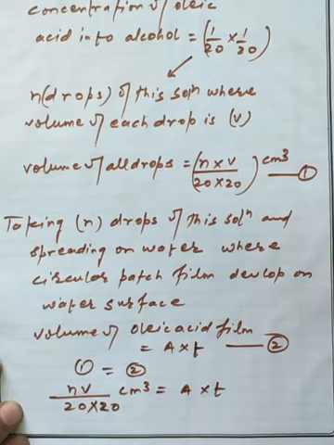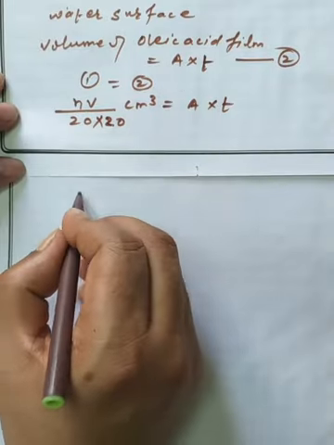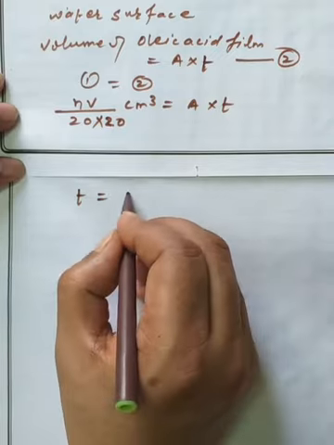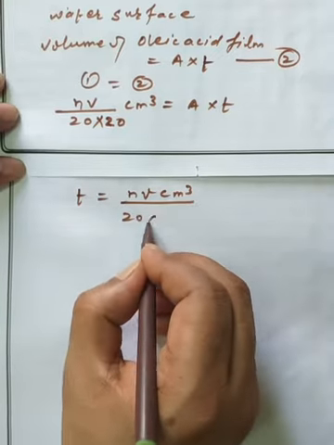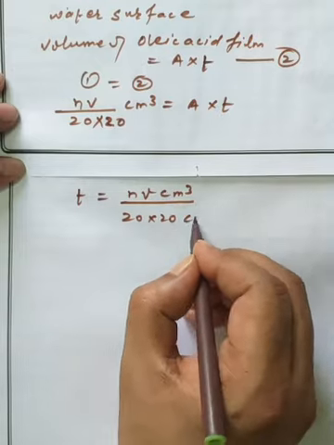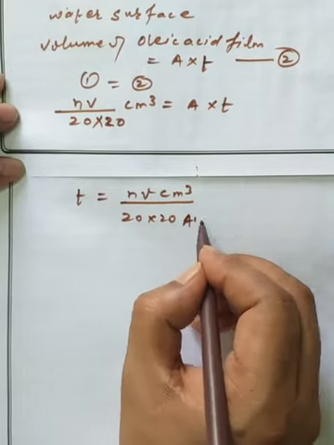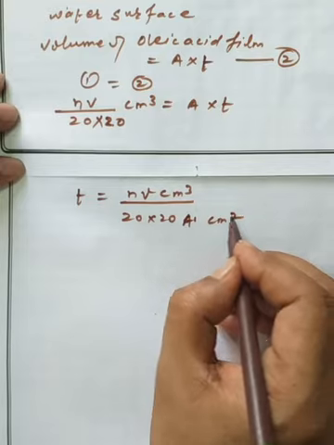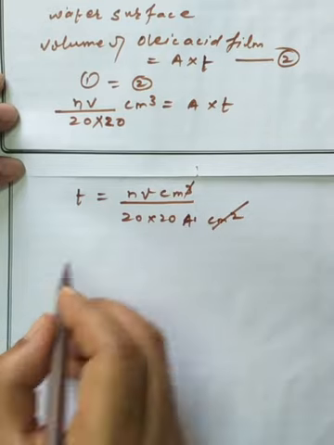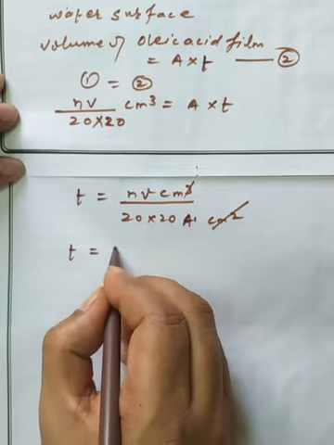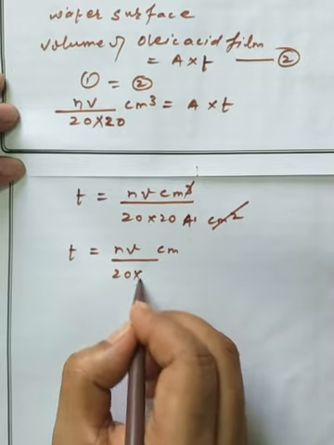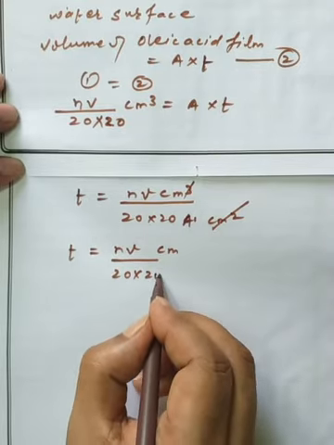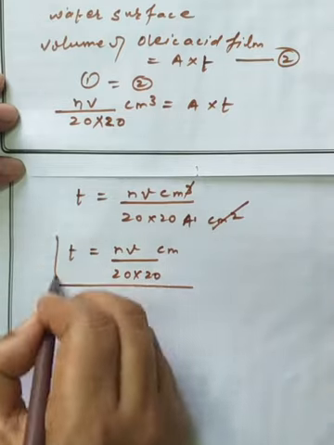We have to calculate T. Separating it, NV centimeter cube divided by 20 into 20, and the area is in centimeter square, so one unit cancels. The thickness will be available in centimeters as NV divided by the area with the concentration of oleic acid in the alcohol.